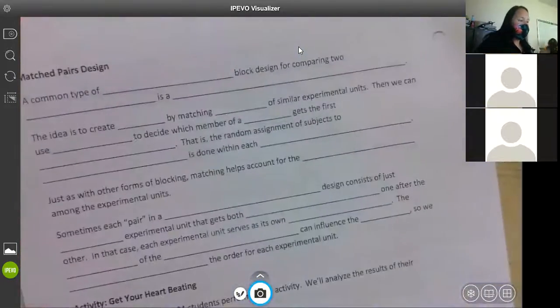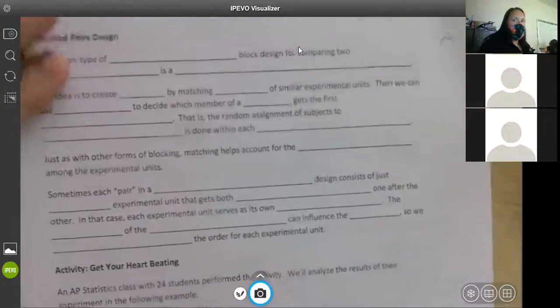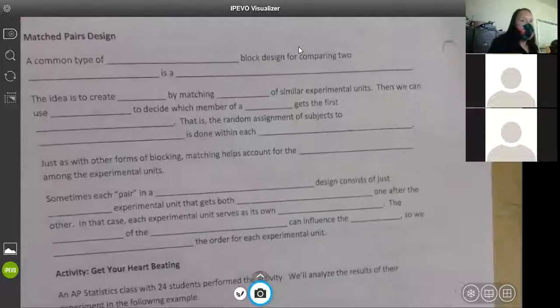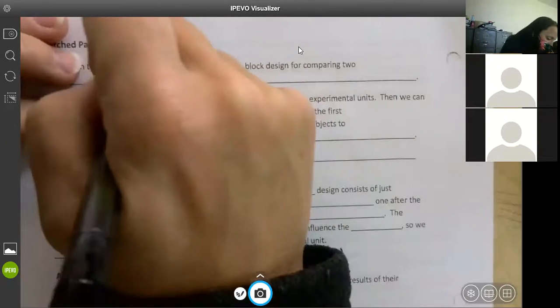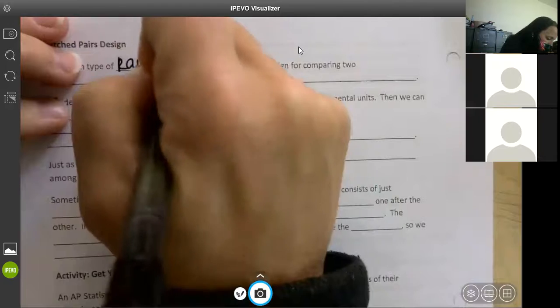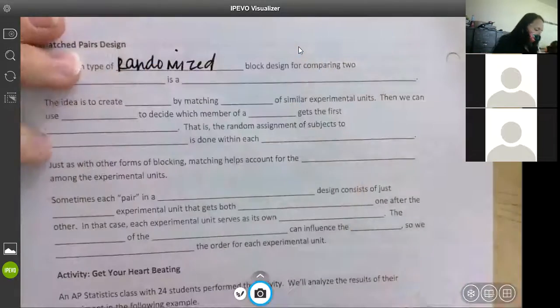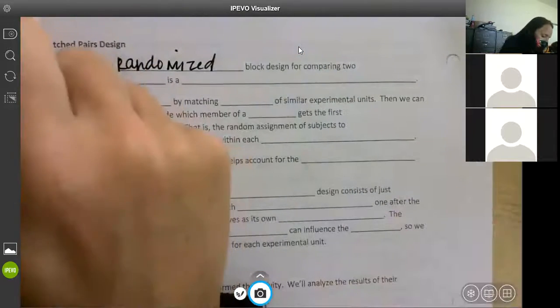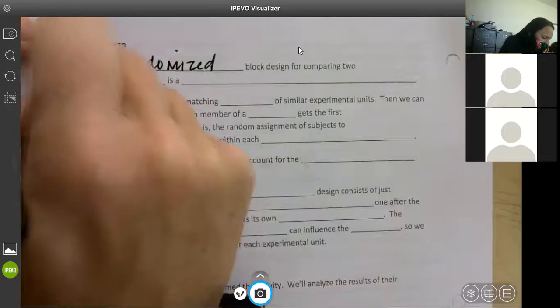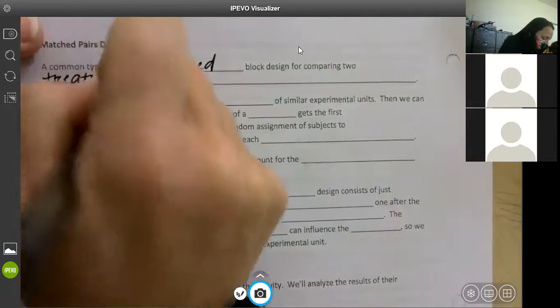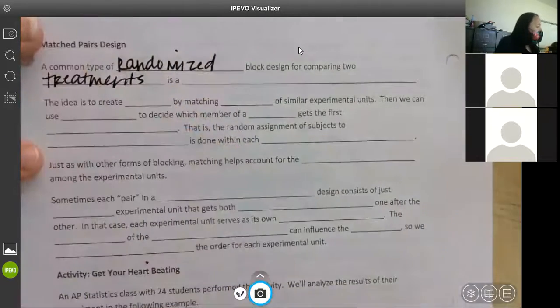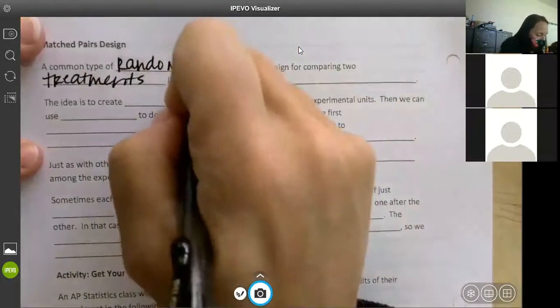Matched pairs. A common type of randomized block design for comparing 2 treatments is a matched pairs design.